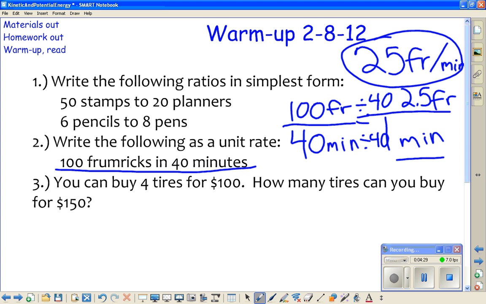Well, what does it say? Can you read the problem to me? How many tires can you buy for 150? So is that for $1? No, so it's not a unit rate. Is it a ratio problem? Or just simplifying ratios? What type of problem is this? We just did this.